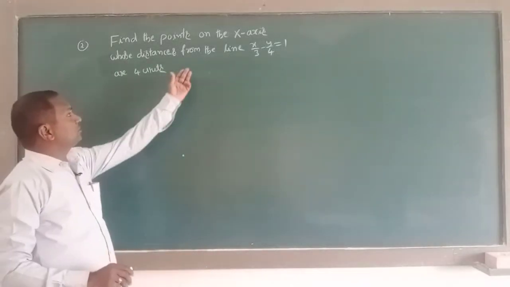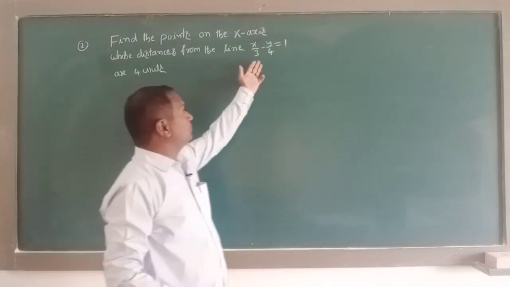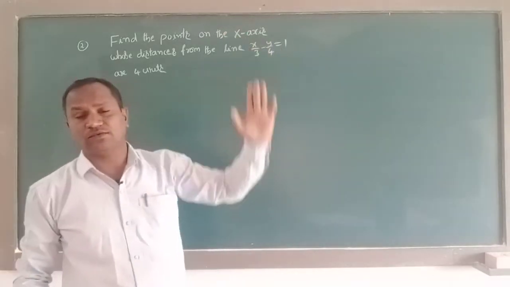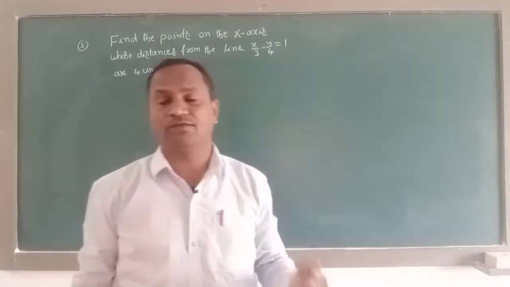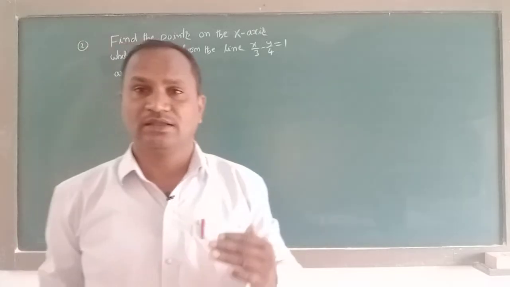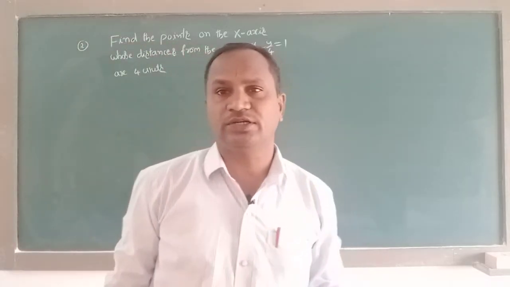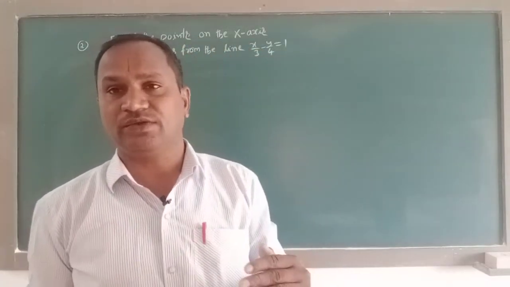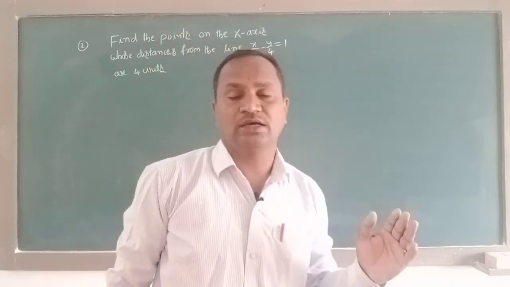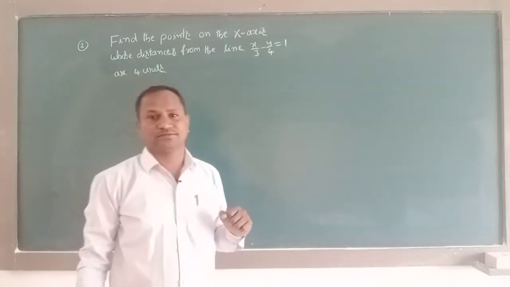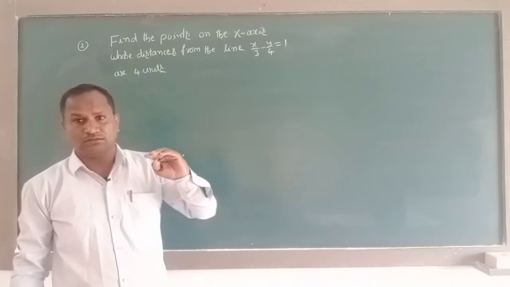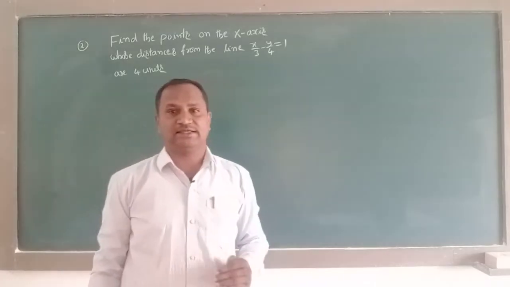See here also they did not give directly the general form of equation of straight line. That's why firstly you convert the given equation of line into general form of equation of straight line. At the same time, the point they gave is on the x-axis.